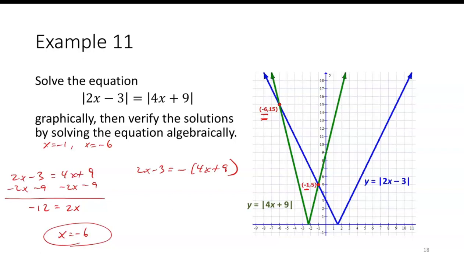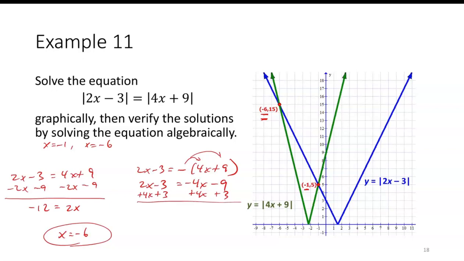For the other one, let's distribute that negative through that 4x plus 9 first. So we have 2x minus 3 is equal to negative 4x minus 9. And so now if I add 3 to both sides and add 4x to both sides, the idea is to get the x's by itself on one side and get the constant, the number part, by itself on the other.